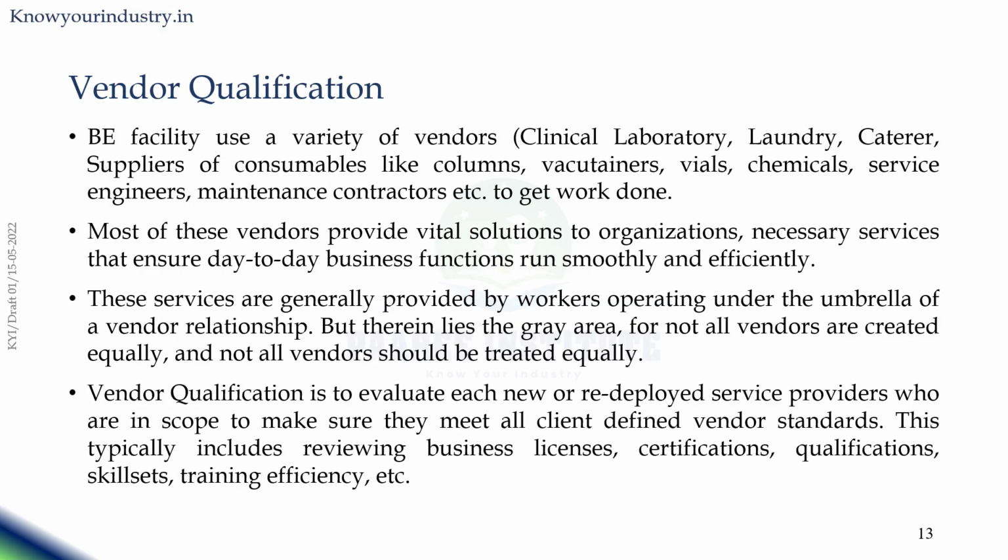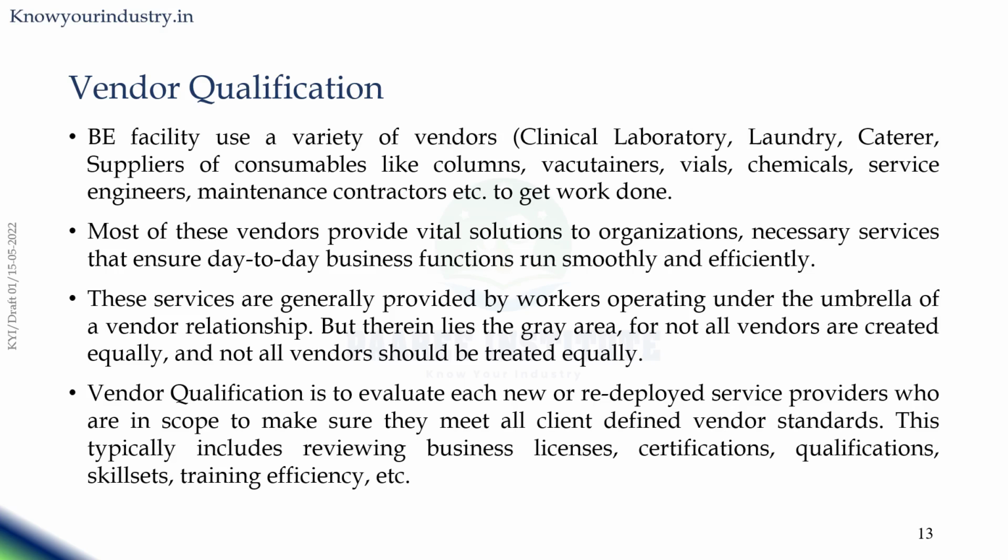Another critical activity of the quality management system and the quality assurance is vendor qualification. Since the quality assurance team is the independent unit in the particular organization, they are the preferred people to do the vendor qualifications for the organizations.